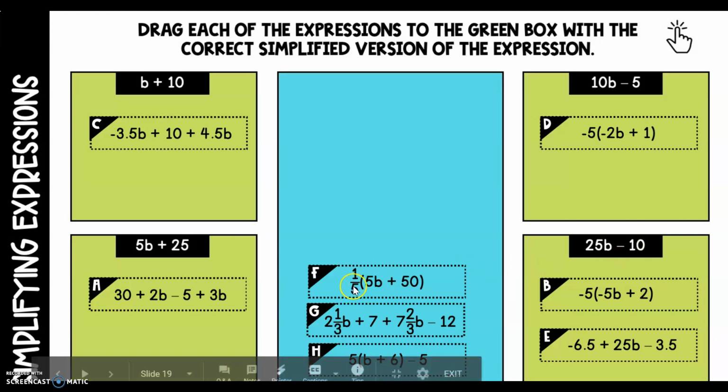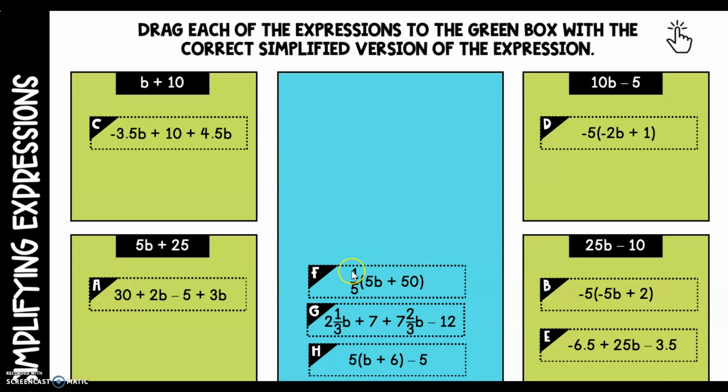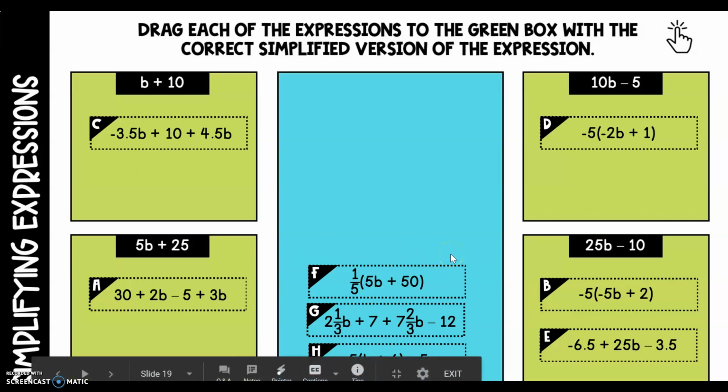So now I have 1/5 times 5b, 1/5 times 50. Because remember, I'm distributing this in. So 1/5 times 5b equals b, because from the slides I had before, remember how I put my whole number over 1.